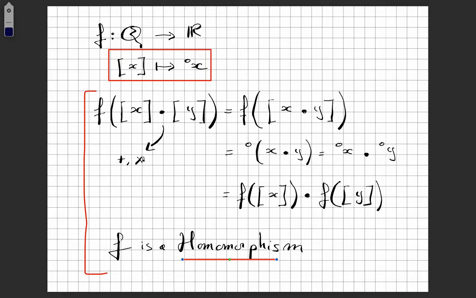The composition here could be an addition or a multiplication. So this is equal by definition to f acting on the equivalence class of xy, which is by definition equal to the shadow of xy, and again I can write this like that. The shadow of x, I can write it f of x, the shadow of y is f of y, and so I see now that f is by definition a homomorphism.